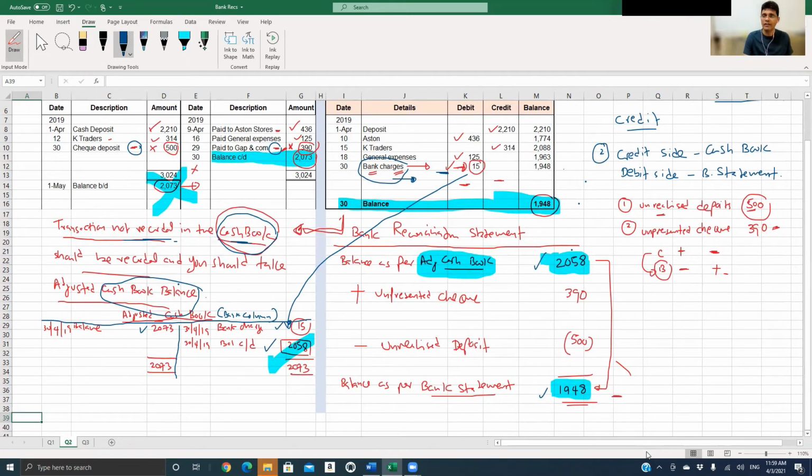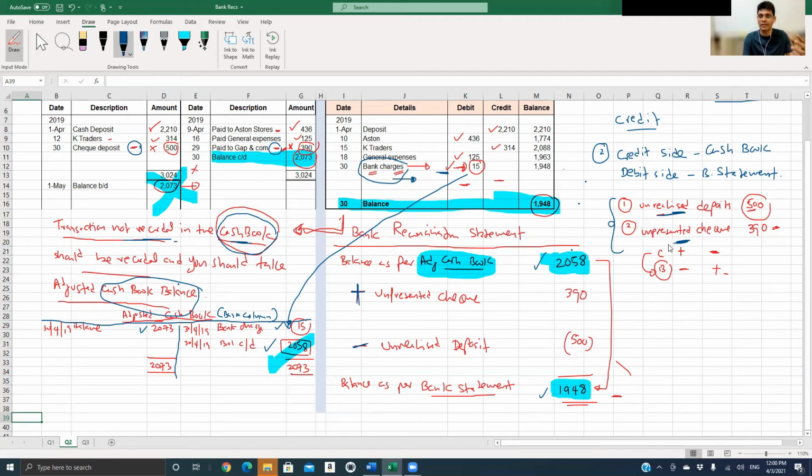How do you arrive at that? By adding and subtracting these two differences. If you want to identify whether you need to add back or subtract, you need to identify whether these differences will increase or decrease the cash book balance, or increase or decrease the bank statement balance.